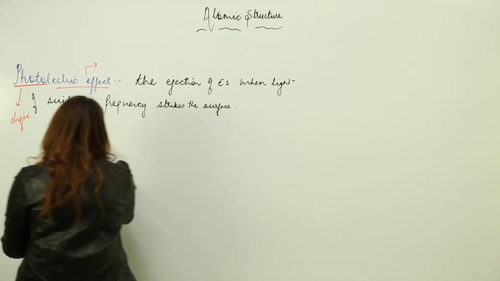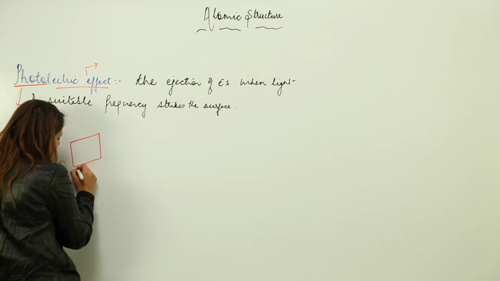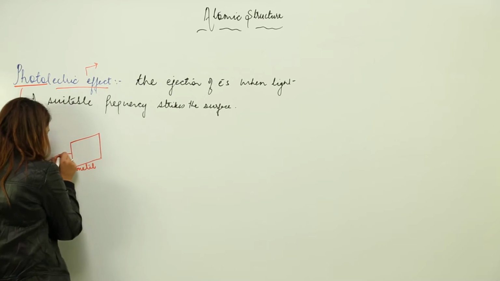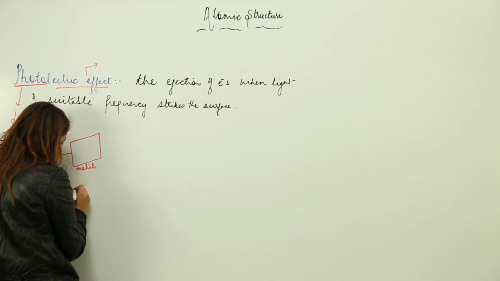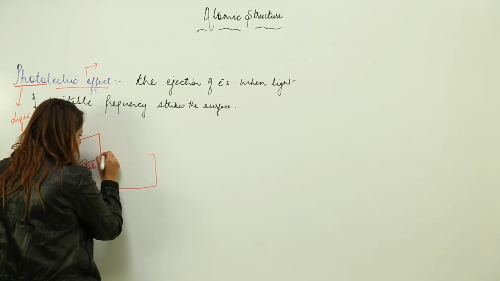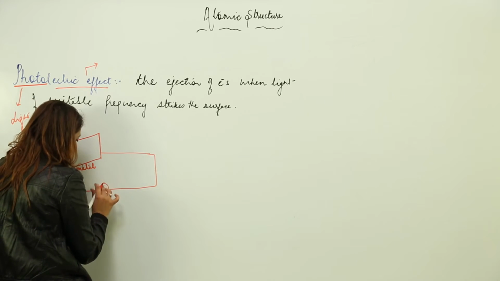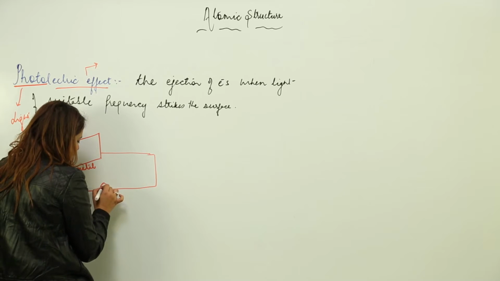Suppose I have a metal here, let us say this is a metal surface. It is connected by means of a wire to a battery like this, and here is an ammeter also, which can record the current.